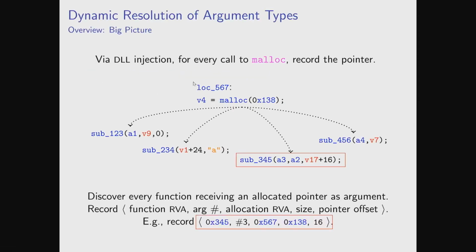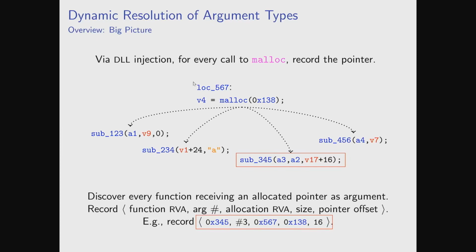The big picture here is I want to track allocations from their allocation sites into function arguments. So basically, anytime a pointer is allocated, I want to find out anytime subsequently a function is called where one of its arguments is derived from that pointer. So for example, we have this allocation taking place at location 567.